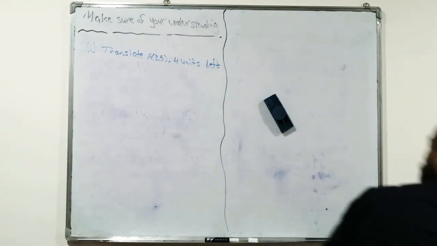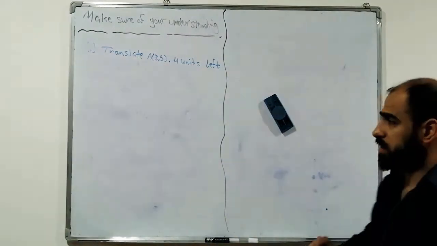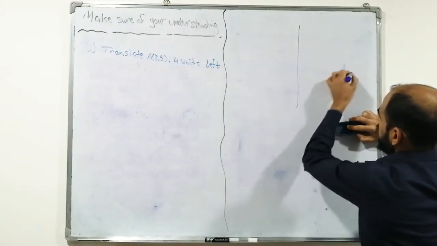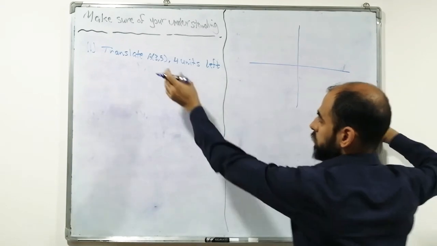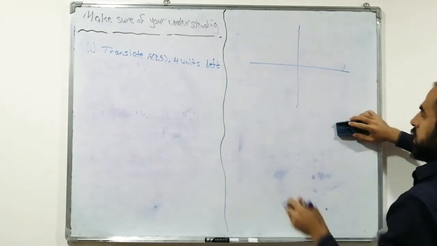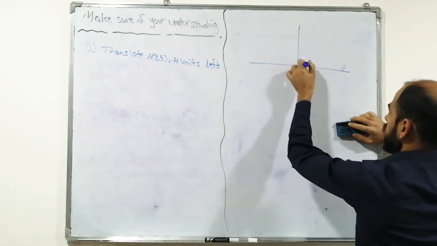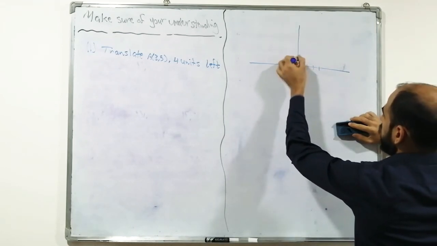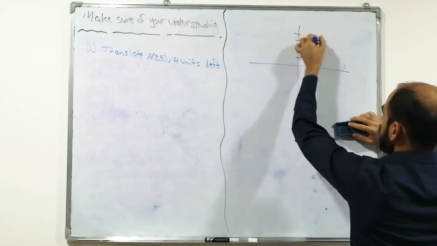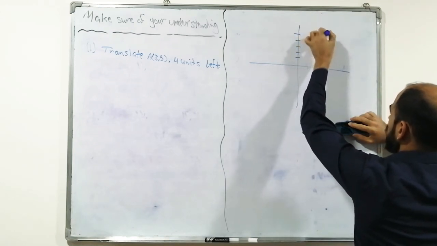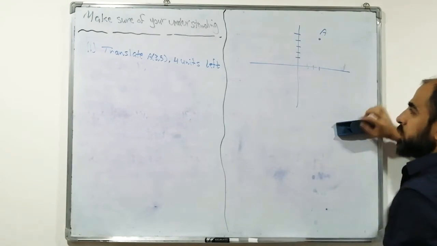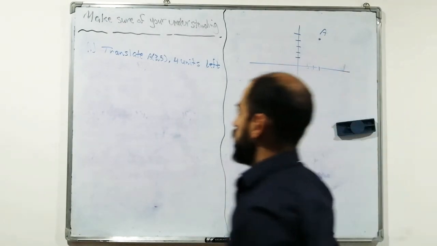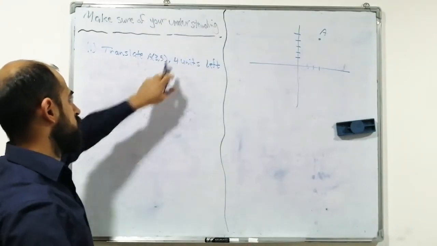Here we have to represent the point, then find its translation. So we must draw the coordinate plane and determine the original point A, which is (3, 5). This is the point A, (3, 5), and its image means the point after the translation.